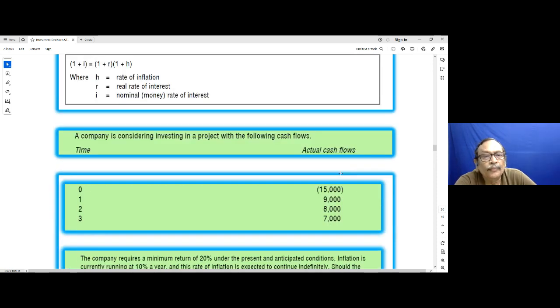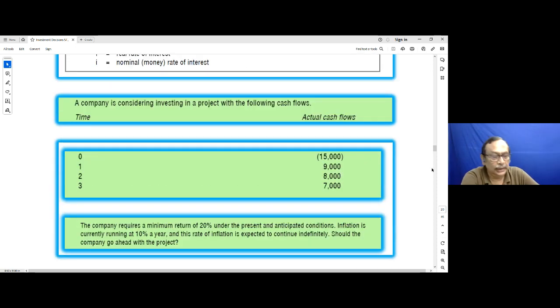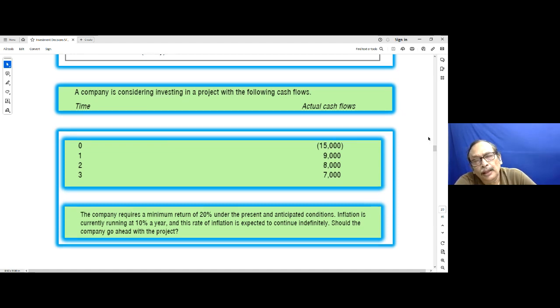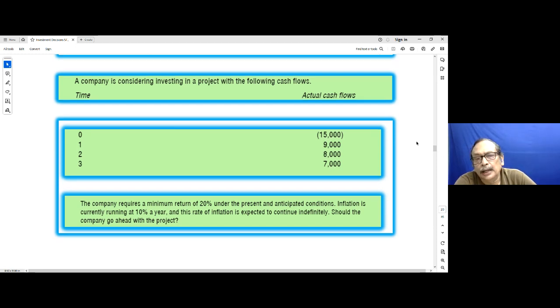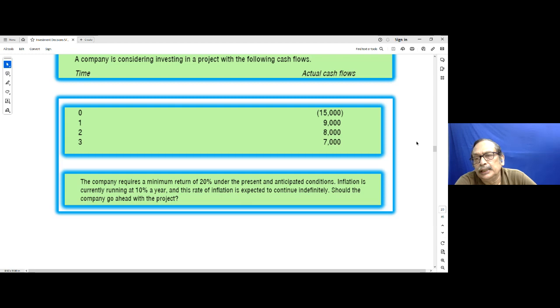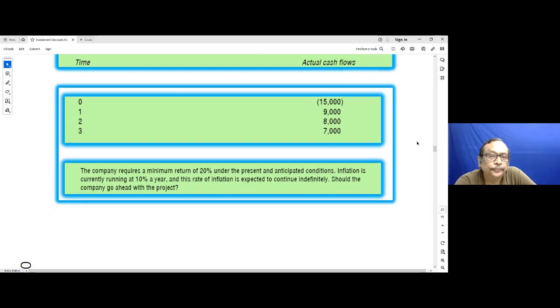Now let us look. A company is considering investing in a project with the following cash flows. Time 0, 1, 2, 3: cash outflow 15,000, and over the years there are cash inflows, that is 9,000, 8,000 and 7,000.